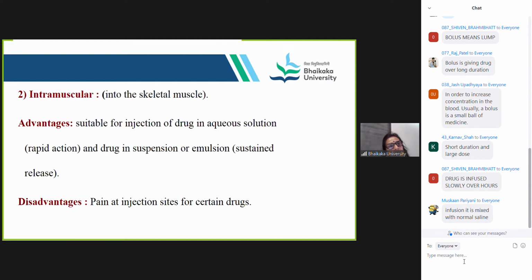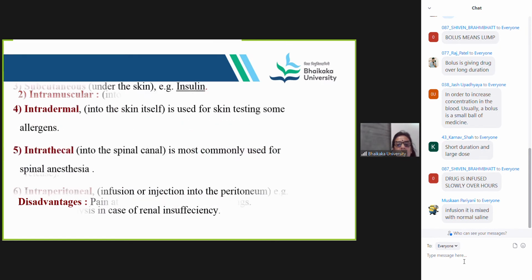If you see a vial or ampoule, inside there are drugs, and the dosage form and consistency could be labeled as a suspension or emulsion. The intramuscular route can also be used where the drug is available in an aqueous solution. The disadvantage is similar to other parenteral routes, that is pain at the injection site.